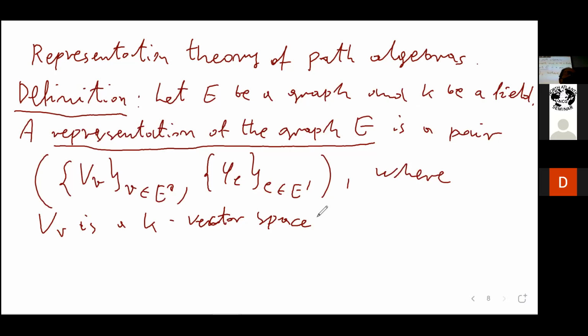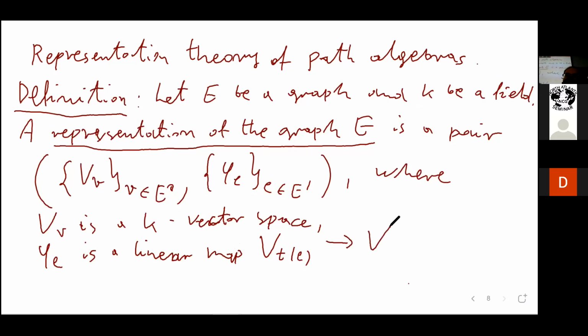So phi_e, sorry, lowercase e, is a linear map from the vector space which lives at the end of the edge e to the vector space which lives at the beginning of the edge e.